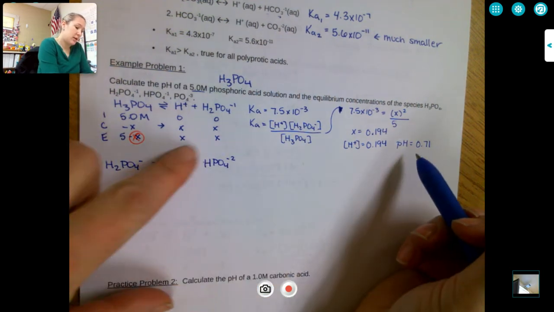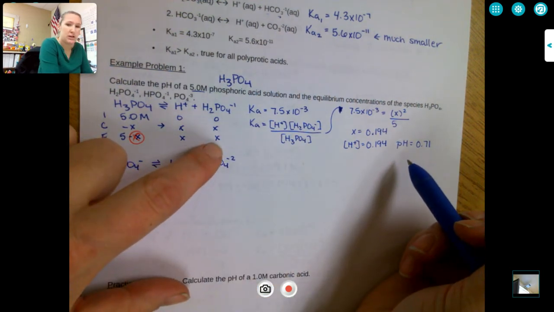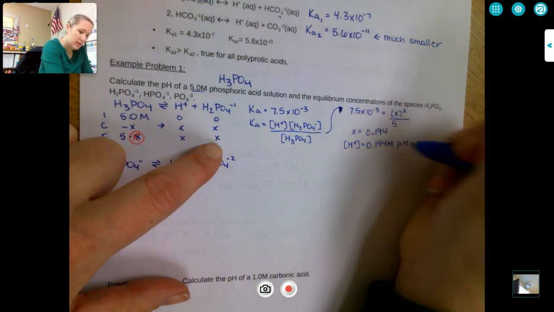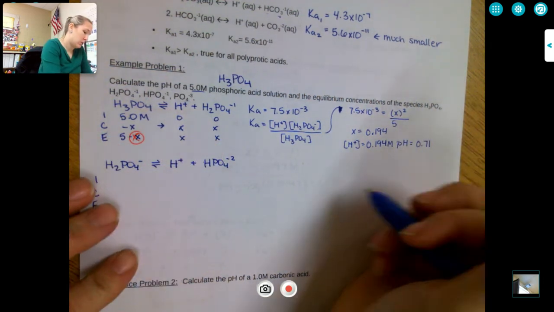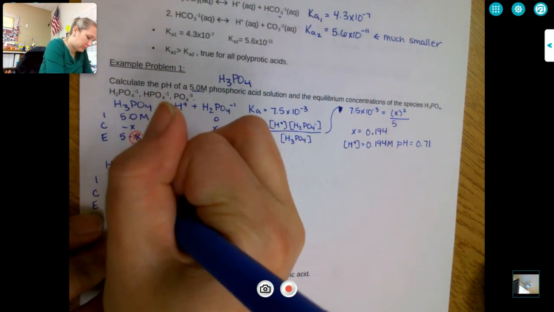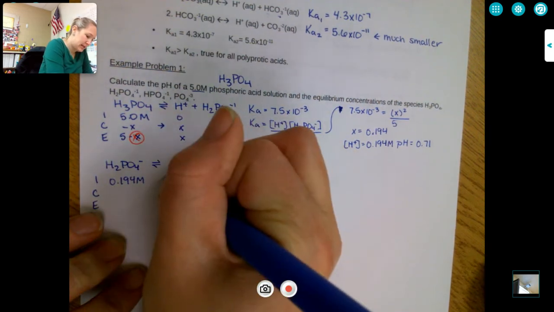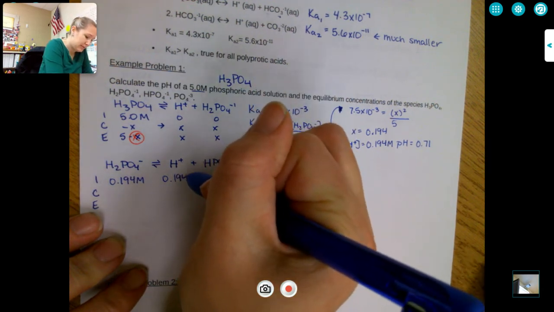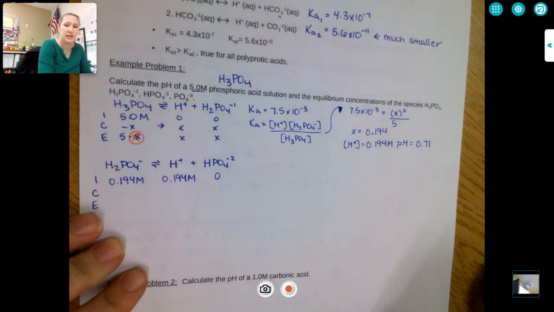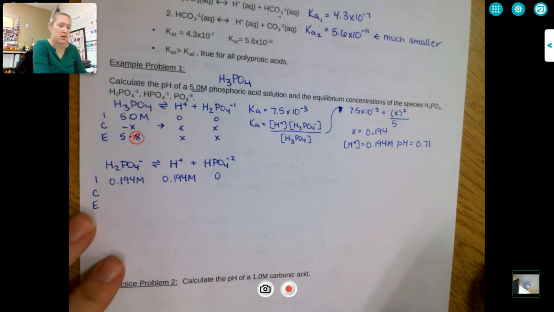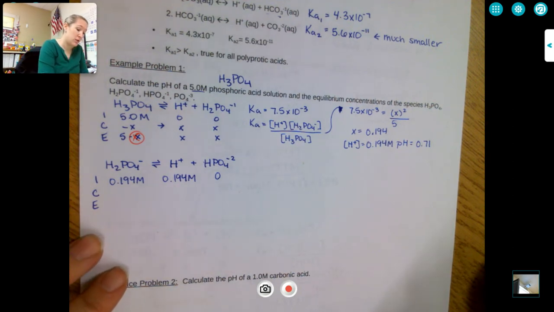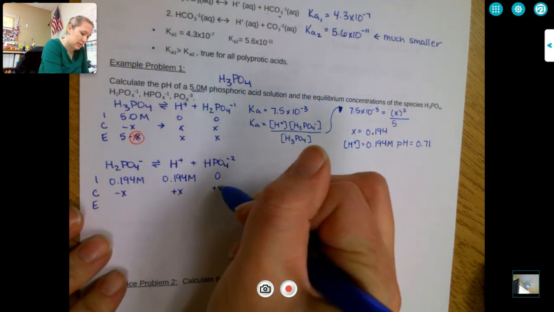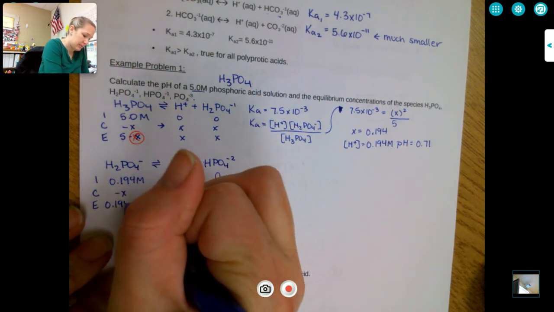We said that my current concentration of H2PO4 minus is 0.194 molar, as is my concentration currently in my solution of hydrogen ions. And I haven't dissociated off any HPO4 2 minus ions. So again, minus x, plus x, plus x.